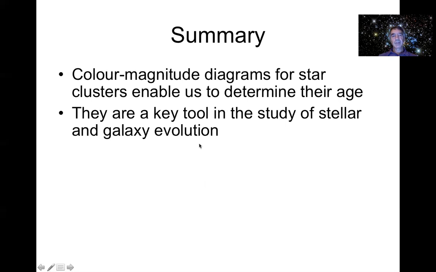And because of that, they are a key tool in the study of stellar evolution, and more widely, in the study of how whole galaxies work and evolve over time, because they really pretty much are our only clocks out there. So we need to find these clusters so that we can get a handle on how old different parts of galaxies are, what's happening in time.